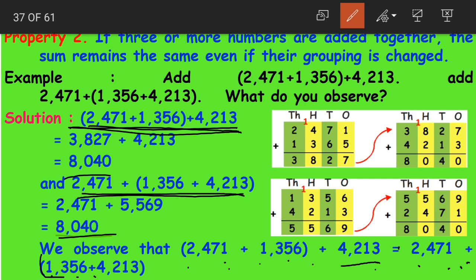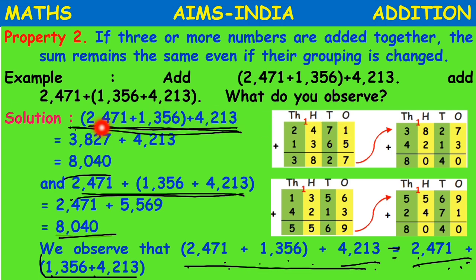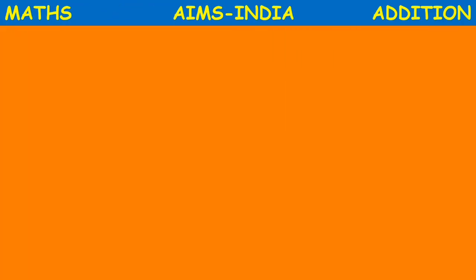Yes children, we got the same answers, right? So we can put equal to between both the questions. When both the answers are same, that means both the questions are the same, so we put equal to between both the additions. This was the associative property of addition.